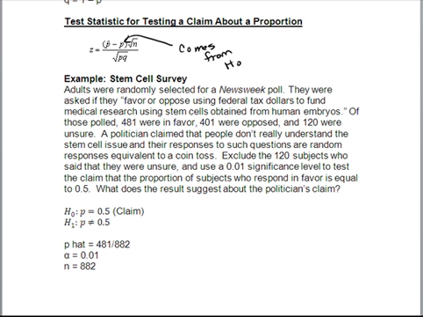A politician claimed that people don't really understand the stem cell issue, and their responses to such questions are random responses equivalent to a coin toss. Exclude the 120 subjects who said they were unsure and use a 0.01 significance level to test the claim that the proportion of subjects who respond in favor is equal to 0.5. That was the politician's claim. What does the result suggest about the politician's claim?